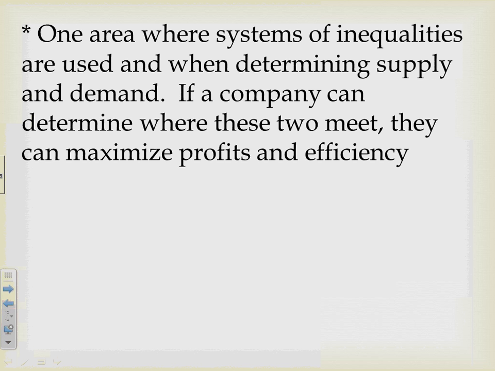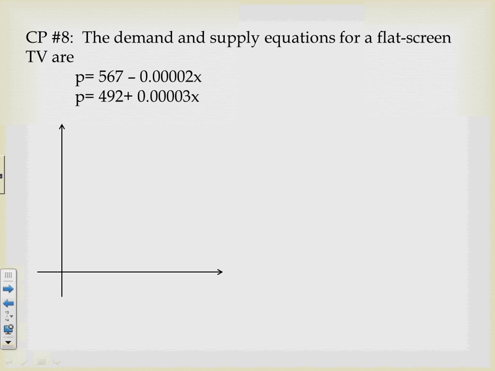Now, one area where systems of inequalities are used, you guys always ask, when am I ever going to use this stuff? Well, when you're determining supply and demand, if a company can determine where these two things meet, they can maximize their profits and efficiency. So computers, I would have to say, safely do this for them in the majority of situations, but it is one of those real life situations.